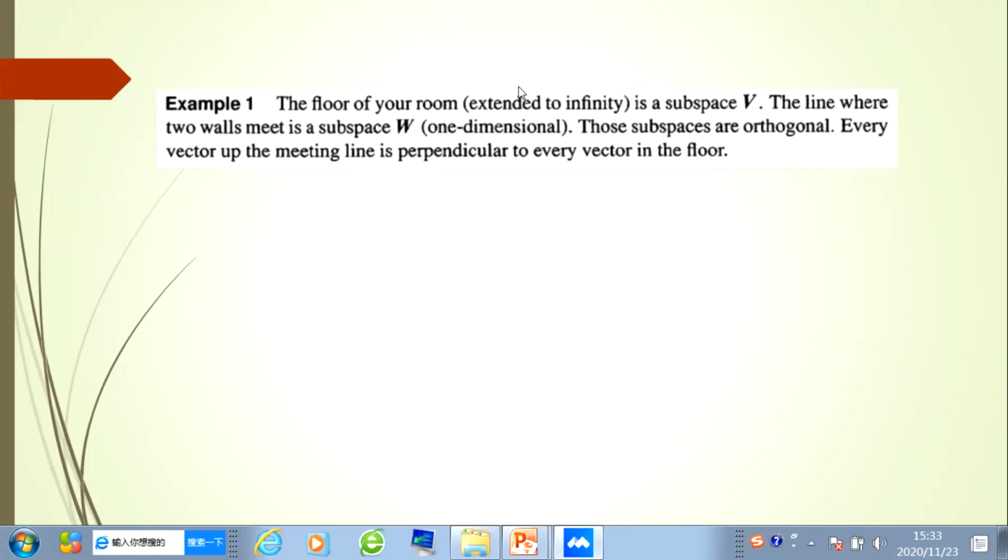So we see this line is perpendicular to the floor. This is a very easy example, okay? Did you get it? That is example 1.